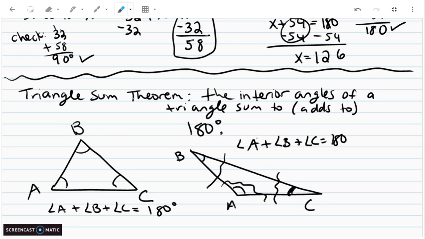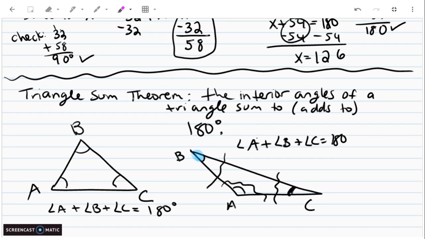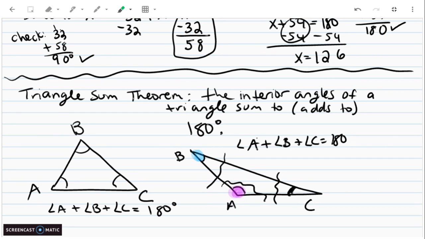And I'm going to highlight, kind of helps a little bit. So if this part's blue, and this part's purple, and then this part's green over here. The C is green, there we go.